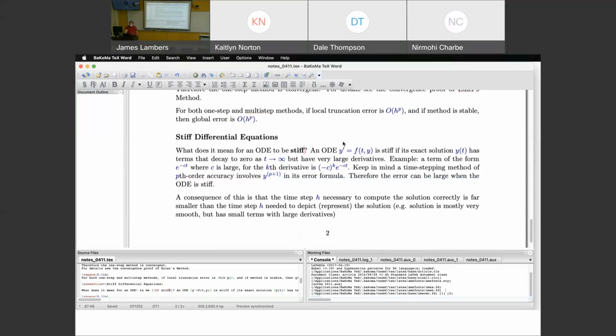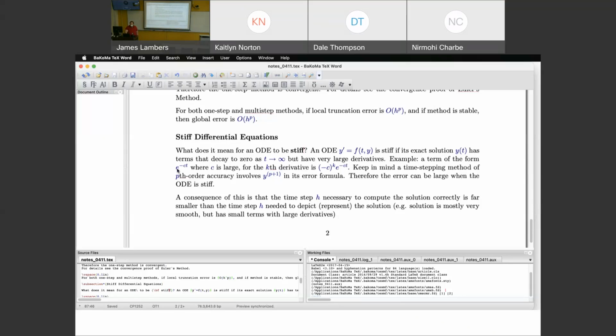Stiffness is a property of the underlying problem, the ODE itself, not the numerical method used to solve it. So one definition I give here is that the exact solution, y of t, has negligibly small terms that decay to zero as t goes to infinity, like decaying exponentials, but have very large derivatives.